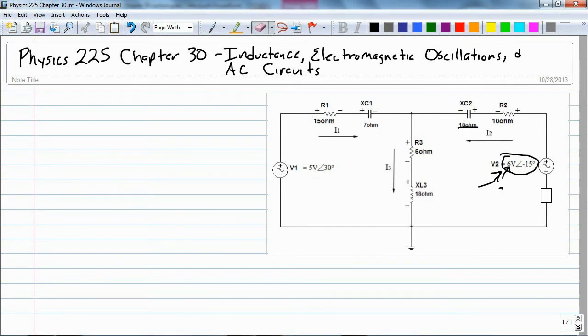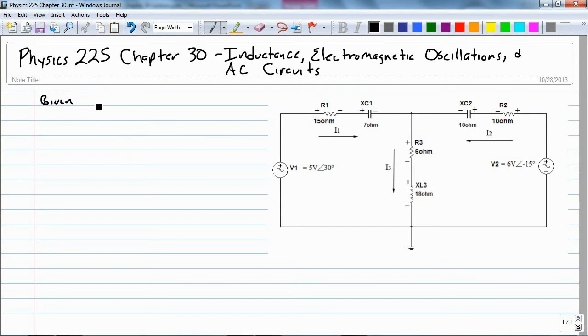So let me clear this out so we can get a good view of what our variables are. We're given R1 is equal to 15 ohms, R2 is equal to 10 ohms, and R3 is equal to 6 ohms.